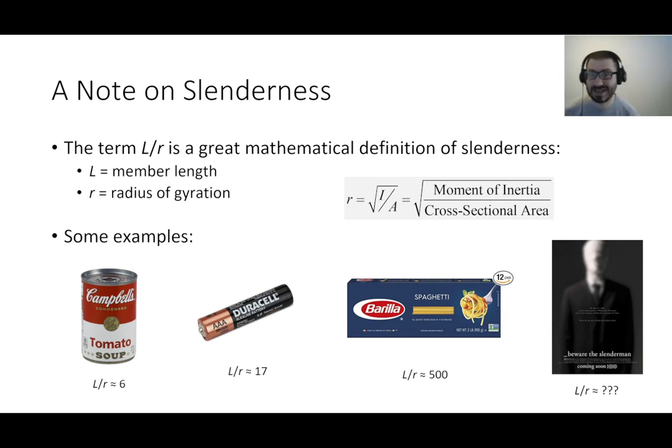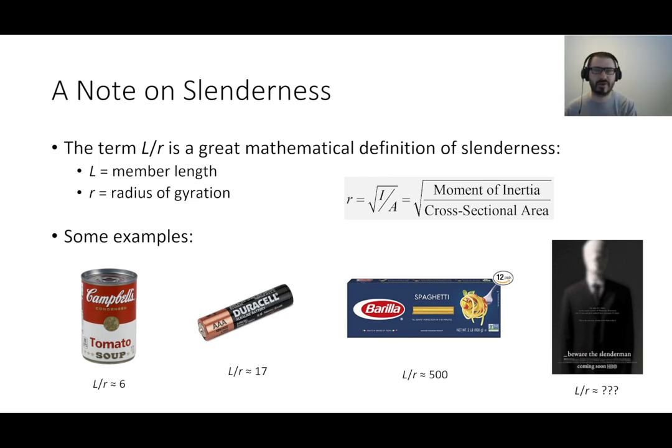A Campbell's soup can has a slenderness of about 6: the length of the soup can divided by the radius of gyration, L over R, is about 6. A AAA battery is about 17. A dry spaghetti noodle, right out of the Barilla pasta box, is very slender, with an L over R of about 500. For Slender Man, who knows?